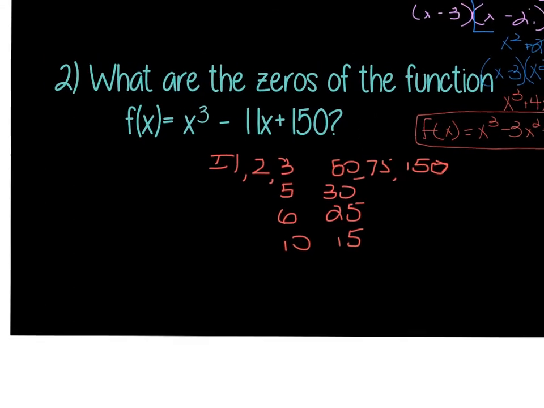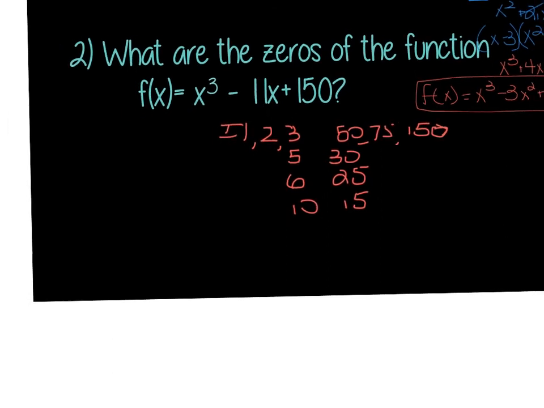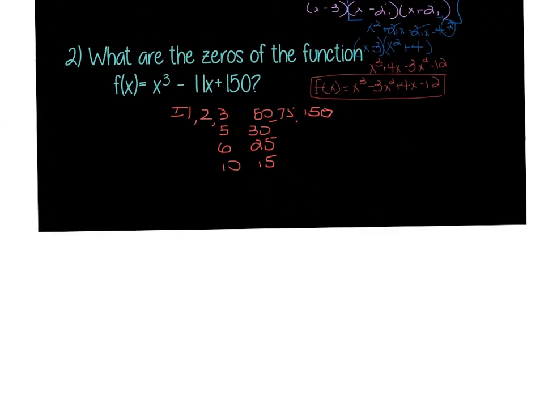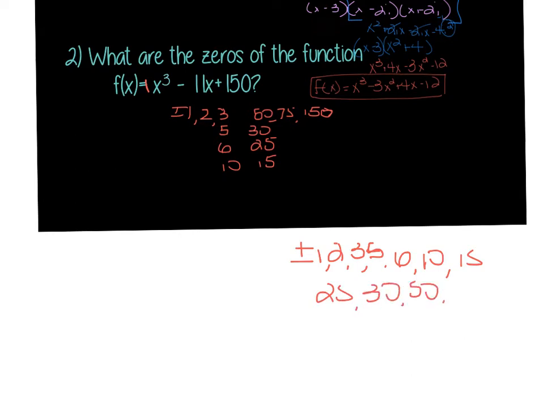So here are my multiples of 150. And the first number is just a 1, which means all of those will go over 1. So I'd get plus and minus 1, 2, 3, 5, 6, 10, 15, 25, 30, 50, 75, and 150.